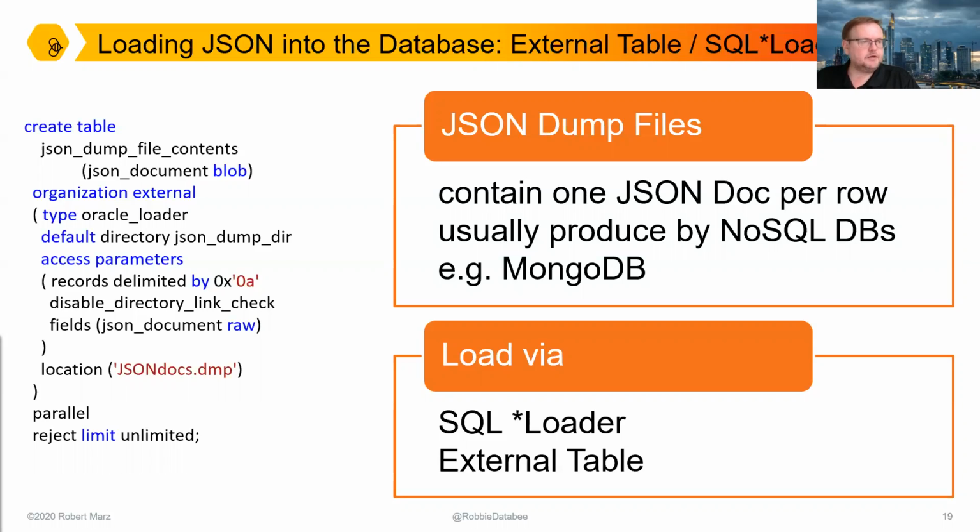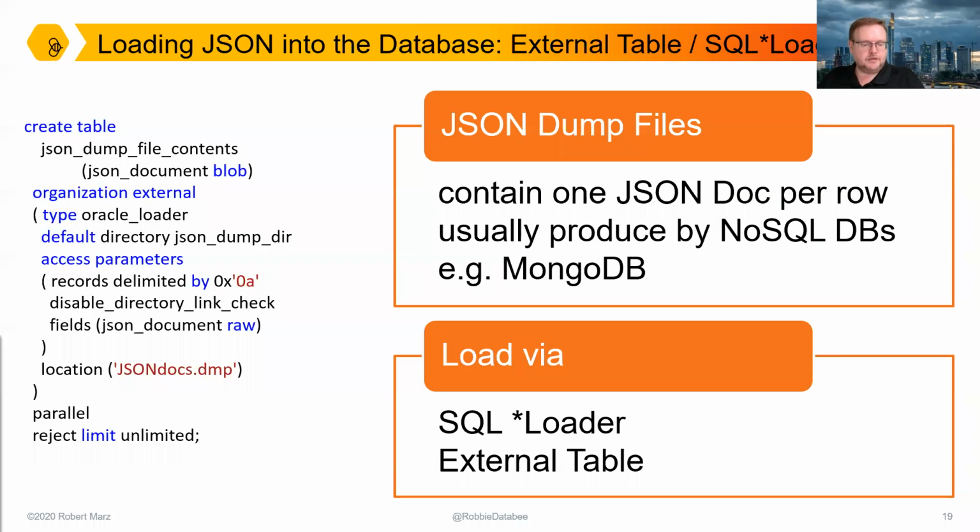MongoDB produces those JSON dump files, and those files contain lots of JSON documents, every JSON document in a single row. So you have lots of documents, each of them in a single row. And the SQL Loader and external tables can deal perfectly with data that comes in single rows.